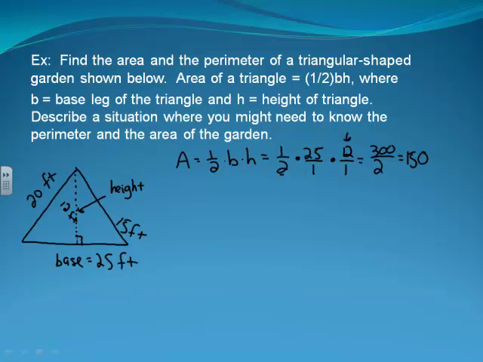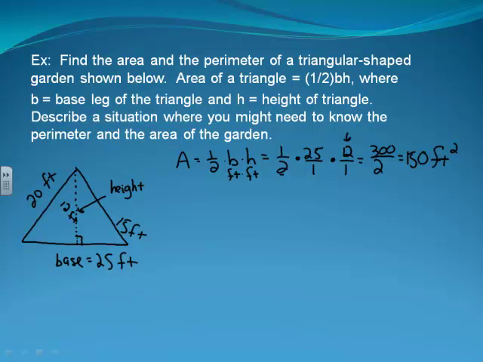And units, remember that your base length had a measurement in feet. Your height had a measurement in feet. If you multiply those two together, just like with variables, x times x is x squared, feet times feet is feet squared, or square feet.